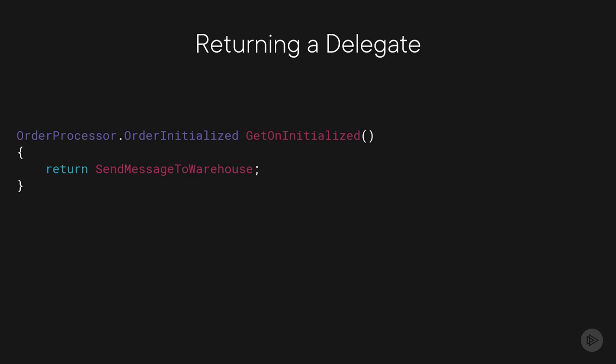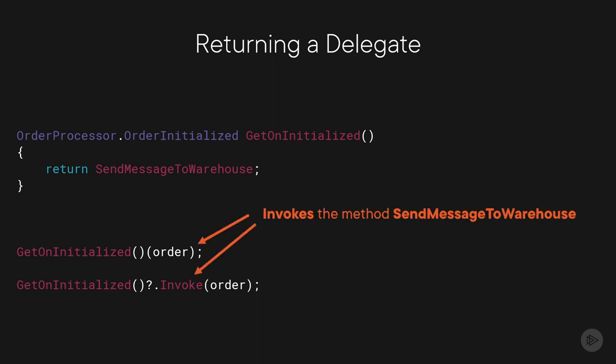Simply return a method reference that corresponds with that delegate, and whoever uses this method will be able to invoke the delegate that is returned. You can then use this returned delegate and invoke that. You could call invoke or use it like a normal method. Personally, I prefer using invoke, especially in this case as it would make it a little bit more readable.